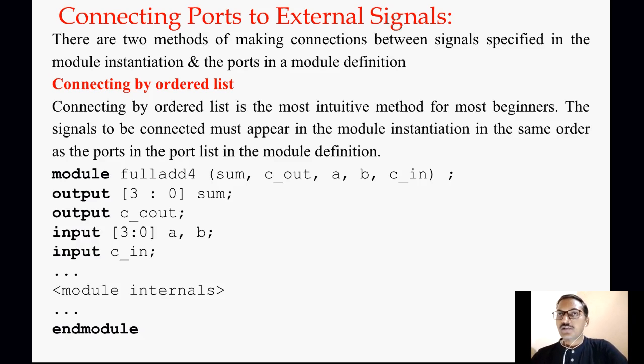Output in square bracket 3:0 sum, then output c_out, then input in square bracket 3:0 a comma b, and input c_in. This is the way we connect by ordered list. Whatever the port list we have defined, in the same order we define the port declaration. Then endmodule.